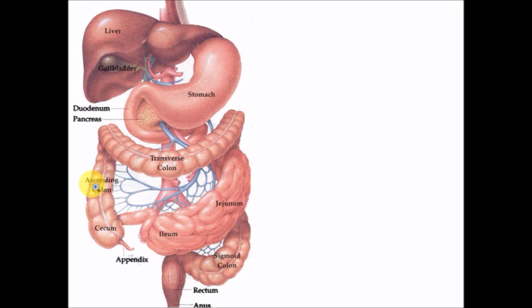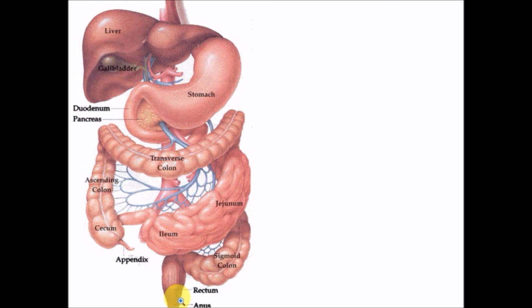The food will move down the large intestine, and the direction again is important. So we start with the cecum, ascending, right flexure, transverse, descending, sigmoid colon, rectum, and then you go to the anus. In the anus we have two sphincters, the internal and the external. The rule of thumb is always the internal is involuntary. It is automated.